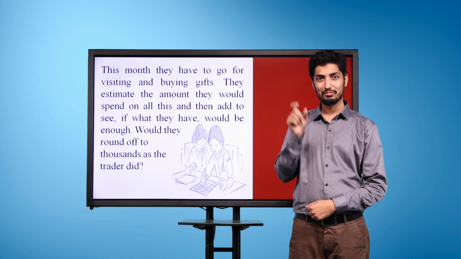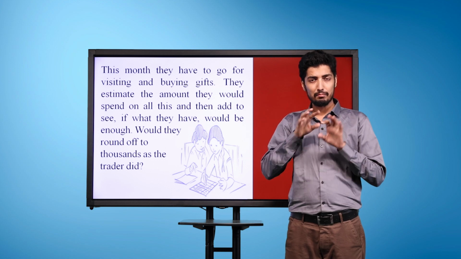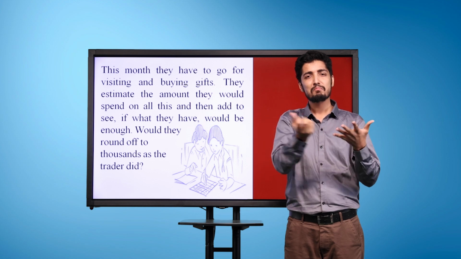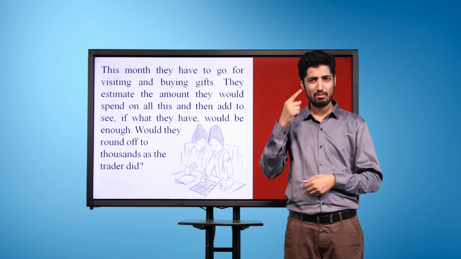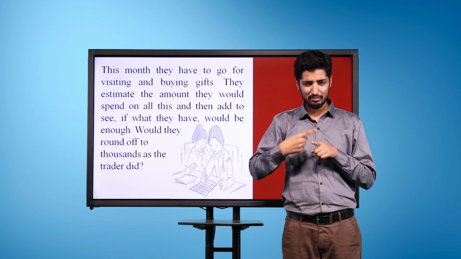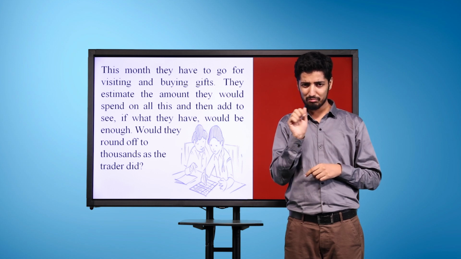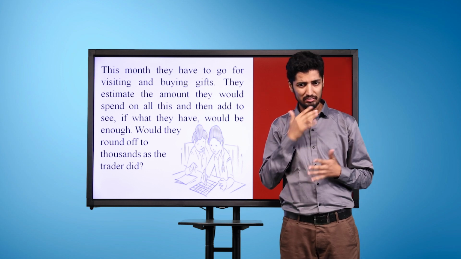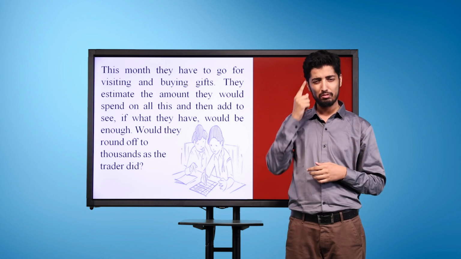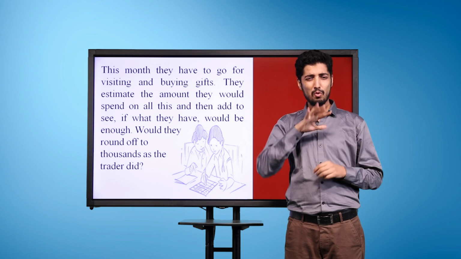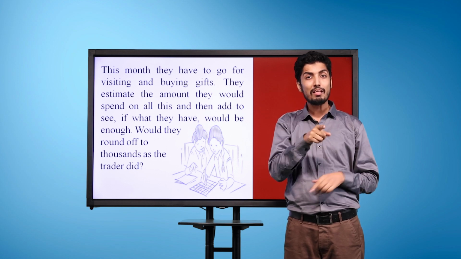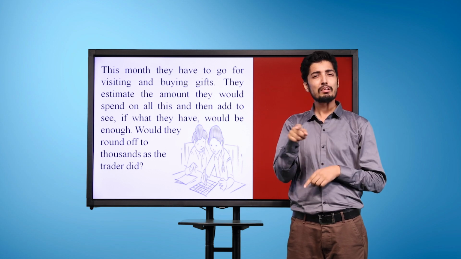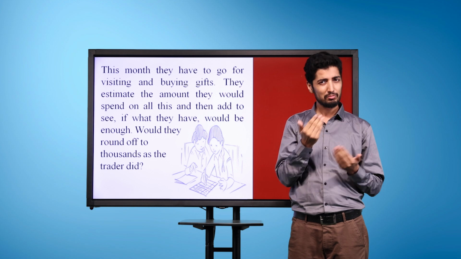This month they have to go for visiting and buying gifts. They estimate the amount they would spend on all this and then add to see if what they have would be enough. Would they round off to thousands as the trader did?